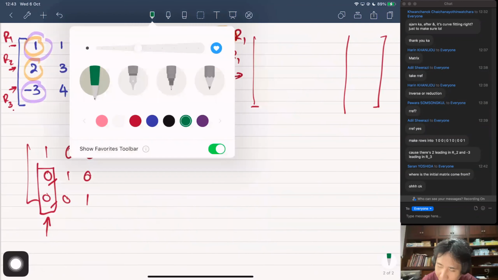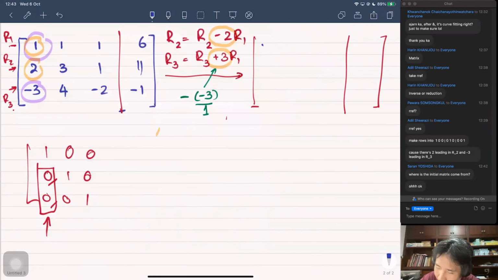So let's do this. This will become 1, 1, 1, and you're going to have 0 here, 0 there. And what you're going to get, fix my math as well if I do algebra wrong. 2 minus 2, so that's a 1, minus 2, that's a minus 1. And so this is 6, right?